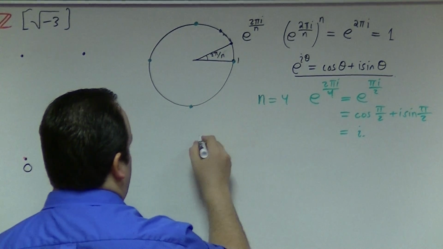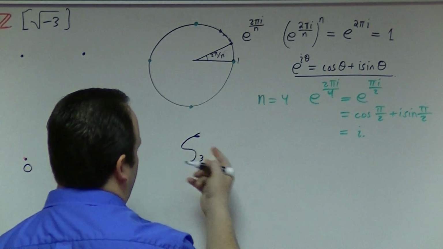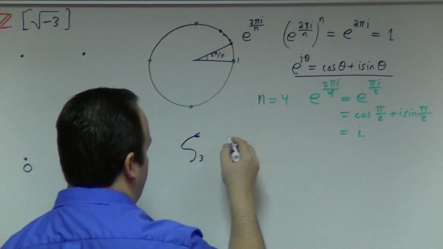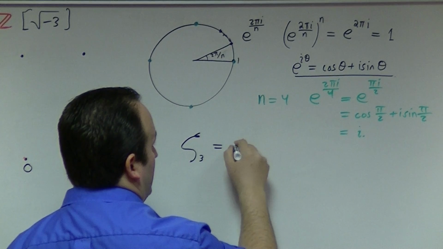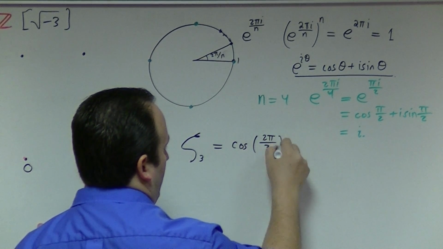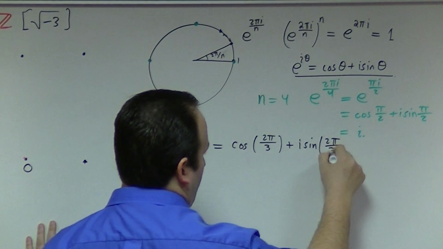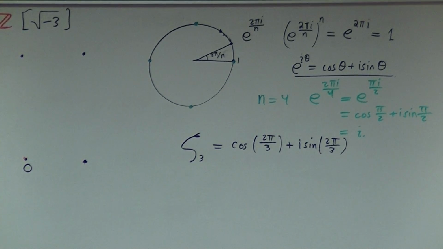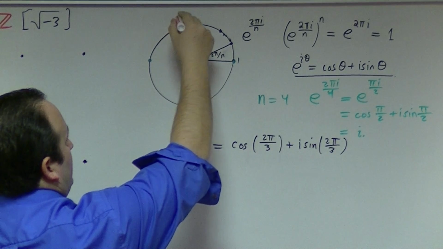He uses a notation. Let's see if I can draw it. So here's the definition. It's awful, I can't make this symbol worth anything. Squiggle 3, I guess it's C3, would be cosine of 2 pi over 3 plus i times the sine of 2 pi over 3. If I was to illustrate that, instead of pi over 2 it would be 2 pi over 3, so that's over here.